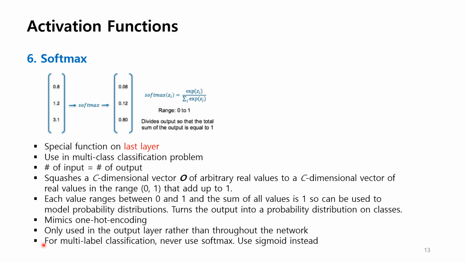Maybe this person is playing golf in a mountain area. Then you can classify this as person, and also classify this as mountain, etc. Right? So when a certain data belongs to more than one class value, it's called multi-label classification. So in that case, do not use softmax, okay? Instead, you use the sigmoid function, okay? So that's one thing you have to remember when you use softmax.